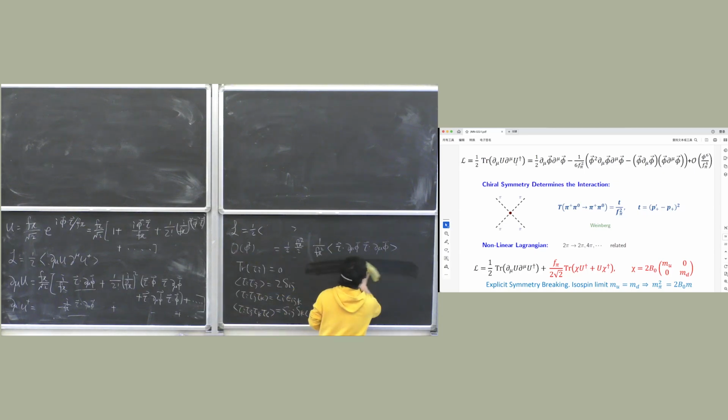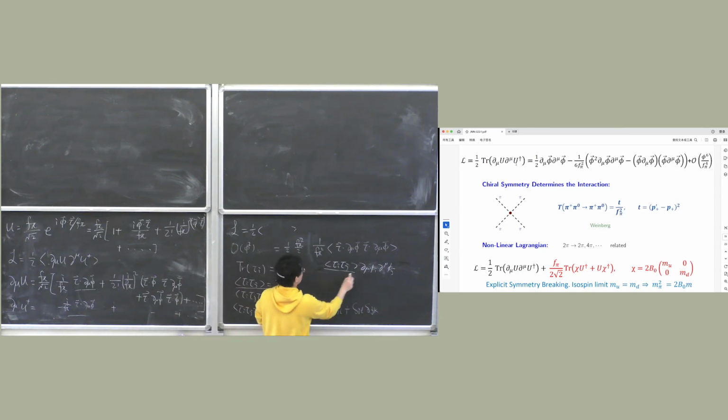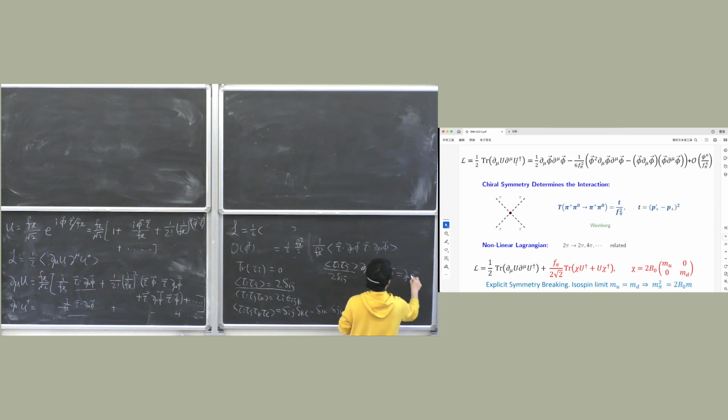So use these relations. What we need so far is just this one, because for this one we can write it as tau i tau j trace, partial mu phi i, partial mu phi j. Okay, so this one is just 2 delta ij, and then we have partial mu phi i, partial mu phi i.